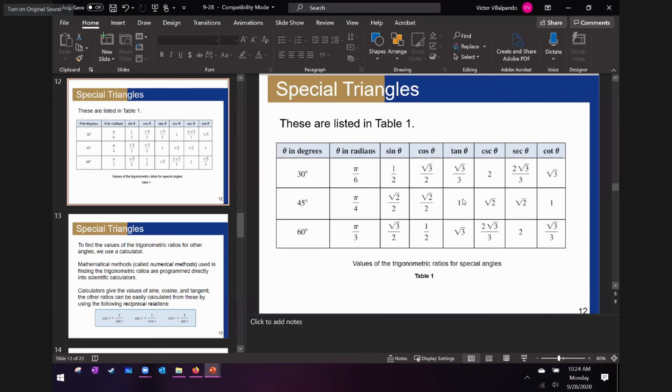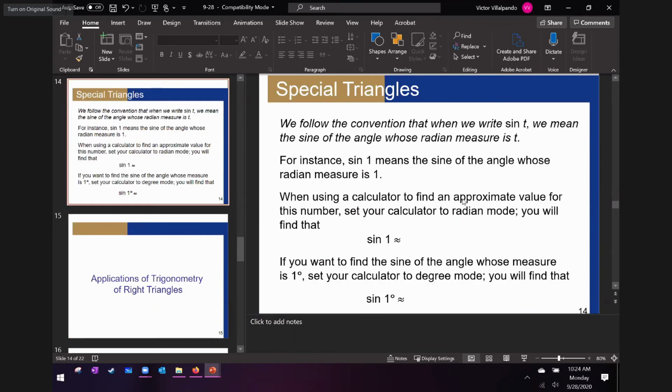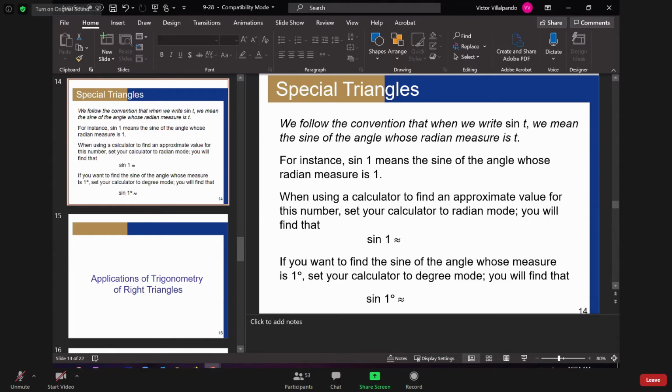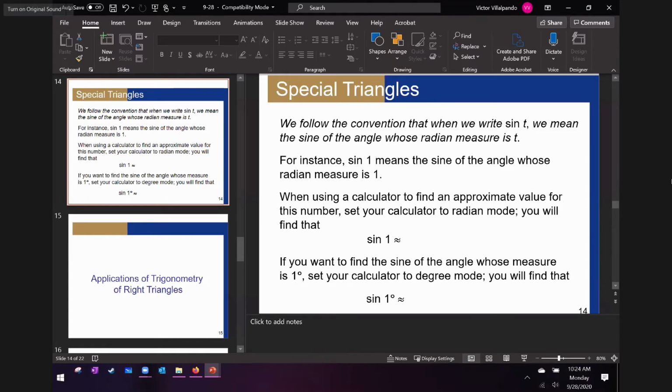So we follow the convention that when we write sine t, we mean the sine of the angle whose radian measure is t. For instance, sine 1 means the sine of an angle whose radian measure is 1. When we're dealing with sines and cosines, we're dealing with angles. The sine of this angle gives me this value.